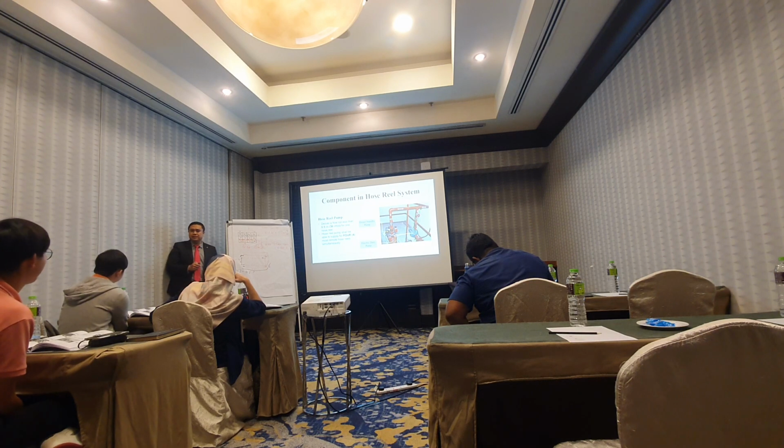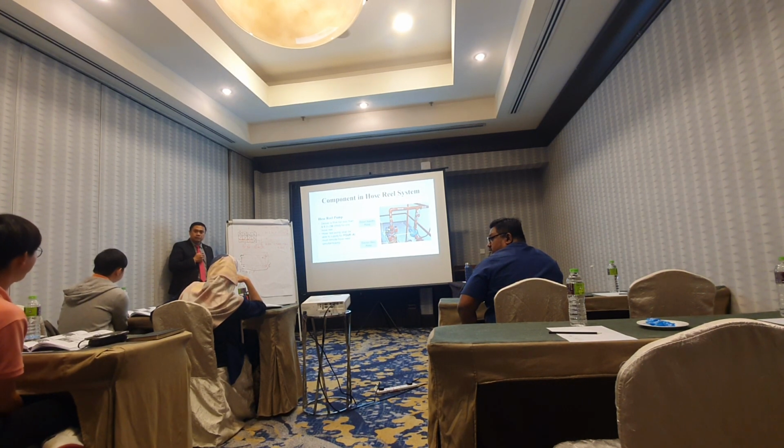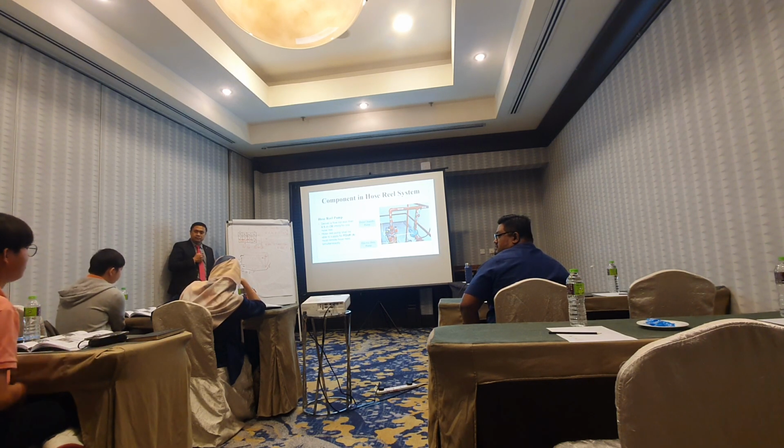Otherwise, the normal practice is you put 7,200 as just now. Question? I was wondering, my site uses how many hose reels? 8 hose reels. What is the size of the tank?